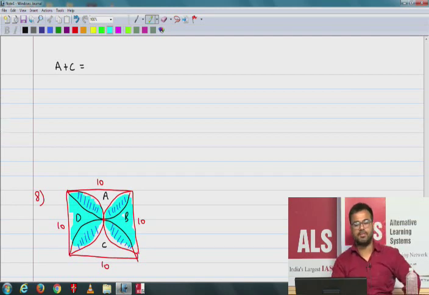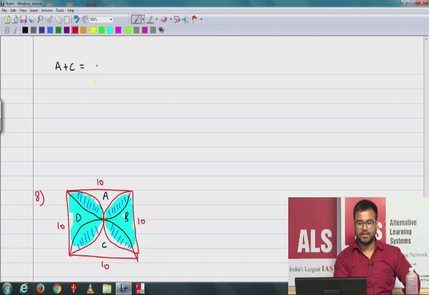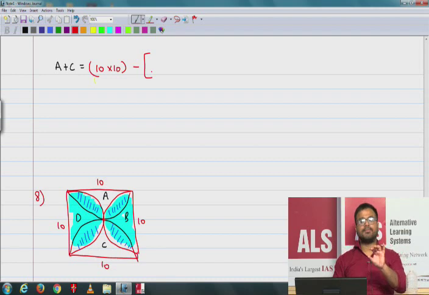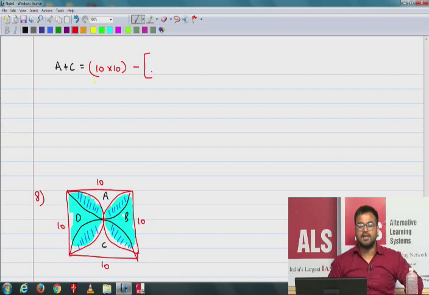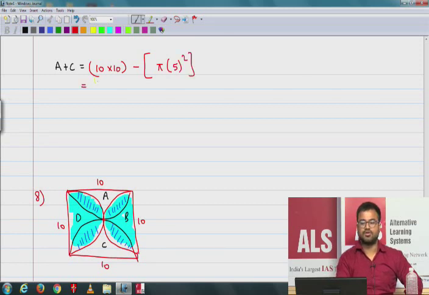We are left with the area for A plus C. So, A plus C is equal to the area of the square, which is 100 meter square, since it is 10 into 10, minus the area of this complete circle, because this is one semicircle and this is another semicircle, so it makes one circle having a radius of 5. So, pi r square. It is going to be 100 minus 25 pi. That is the area for A plus C.